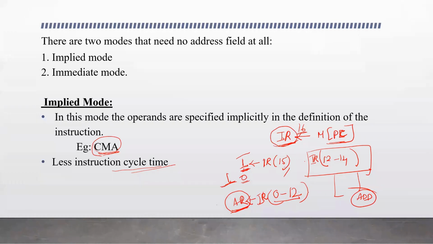There is a computational process here to get the effective address. So the third phase is to find the effective address in case the addressing mode is indirect. And once the address of the operand is found, even in case of indirect address, the effective address of the operand is known.